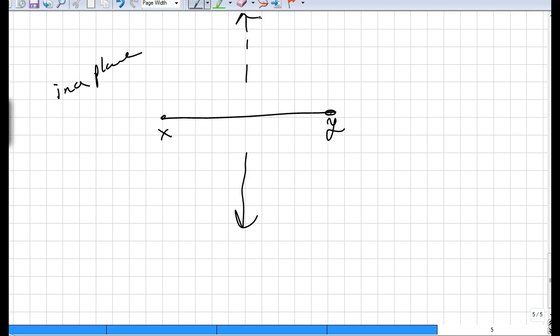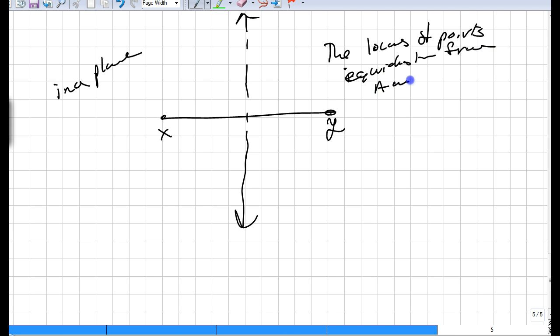And so the locus of points equidistant from A and B is the perpendicular bisector of segment AB. So in other words, the whole idea here is describing.